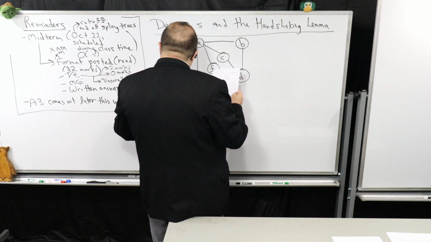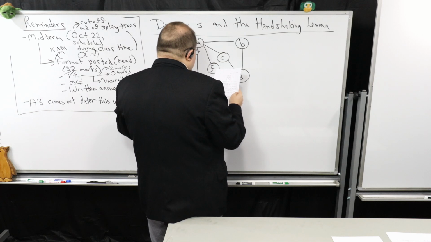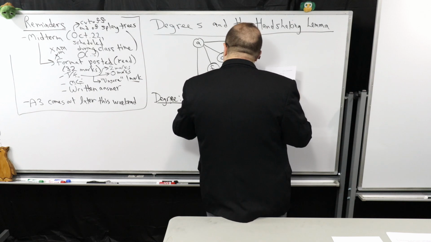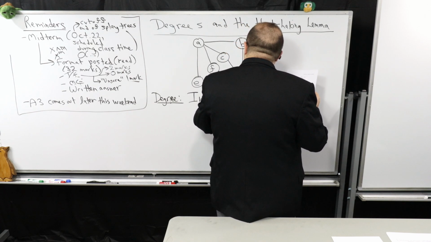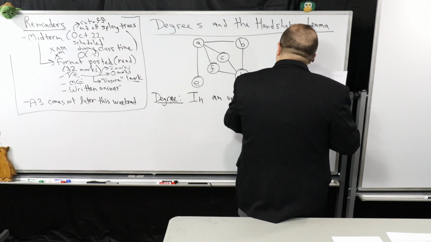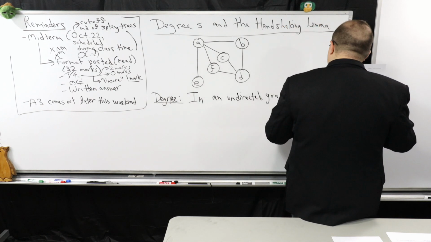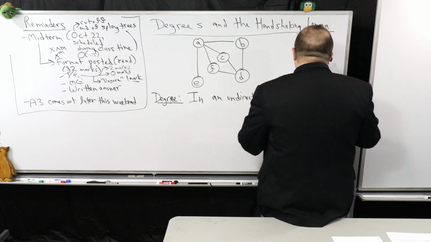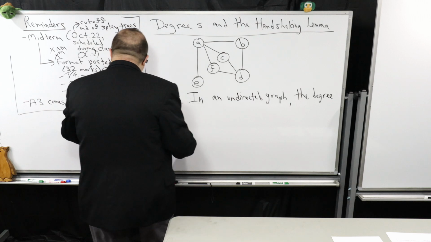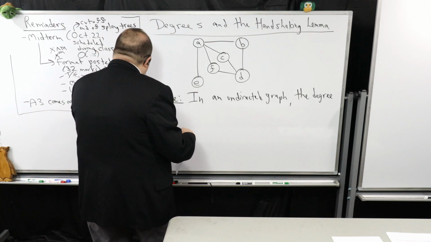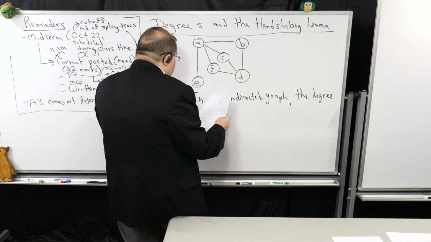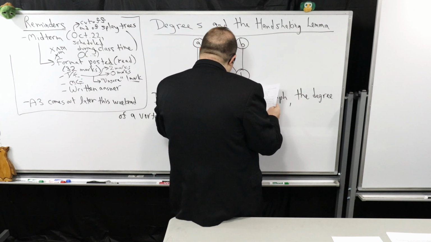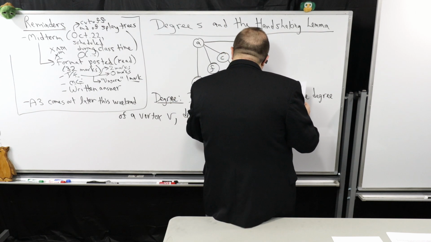So here's the degree of a vertex. I'm going to talk about it in an undirected graph. In an undirected graph, the degree of a vertex V, which I'll denote deg of V, like this, is the number of incident edges on or of V, whichever way you would like to phrase this.